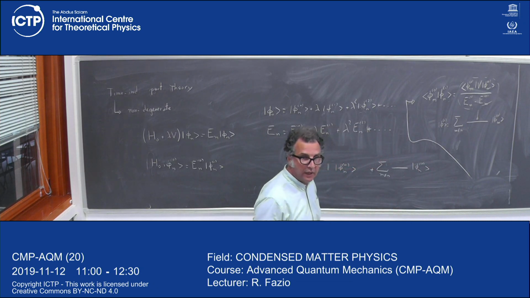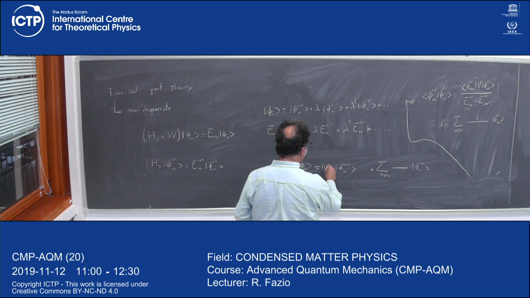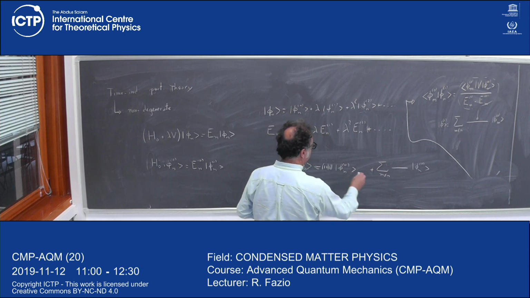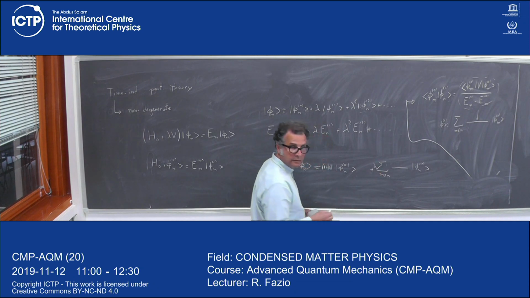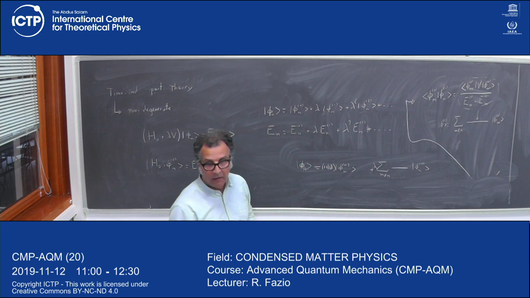Right? Then you say, okay, I may get something like 1 plus A, so there is lambda here, okay? And a lambda. Then just verify that, for instance, the state is not normalized.